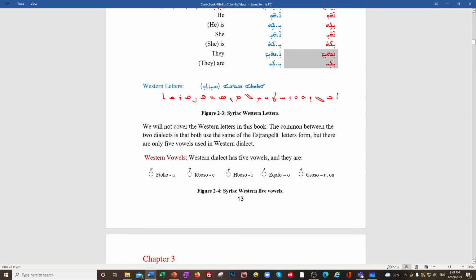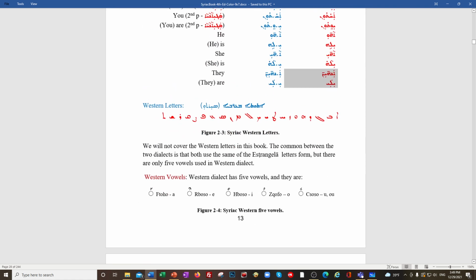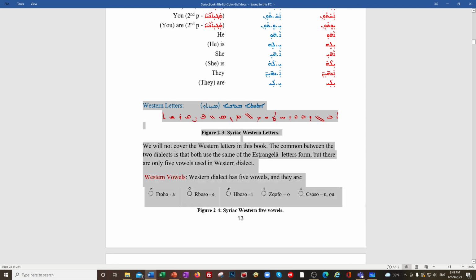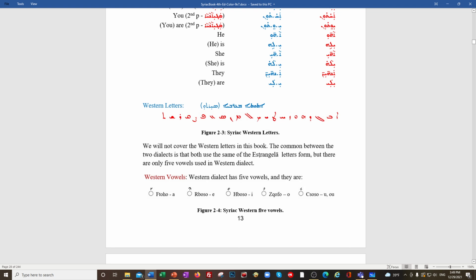Last thing in this chapter, chapter 2, and in this video, I promise that I'm going to just show you the Western dialect, the letters and the vowels. Here are the letters. There are 22. Start from right to left, writing from right to left, and if you compare those, you will see they are almost the same shape as the Eastern dialect, but they make it easier to write.